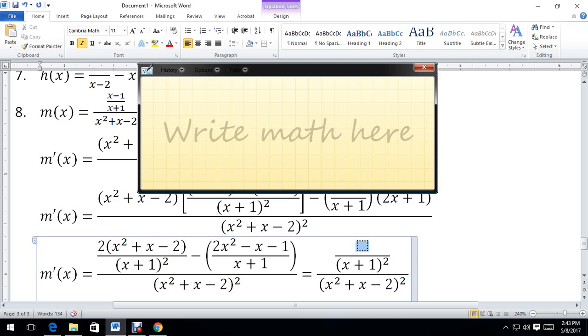Again, after getting the least common denominator, what we do with the least common denominator is that we divide each of these fractions with the least common denominator and multiply the corresponding numerators of each of these two fractions. Doing that, we have x plus 1 squared divided by x plus 1 squared, that would be 1, times the numerator gives us the numerator. Alright?